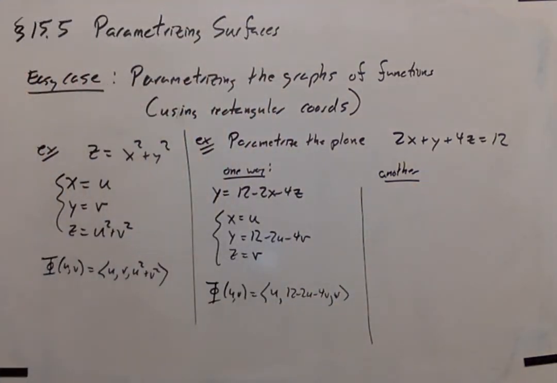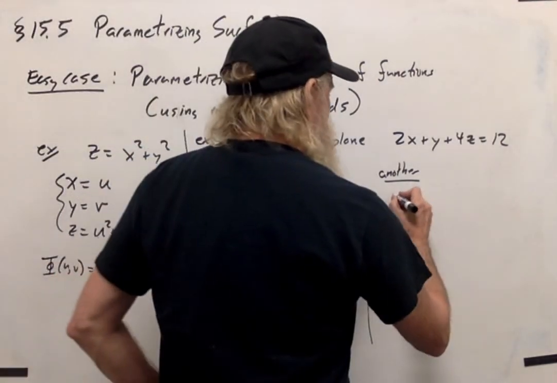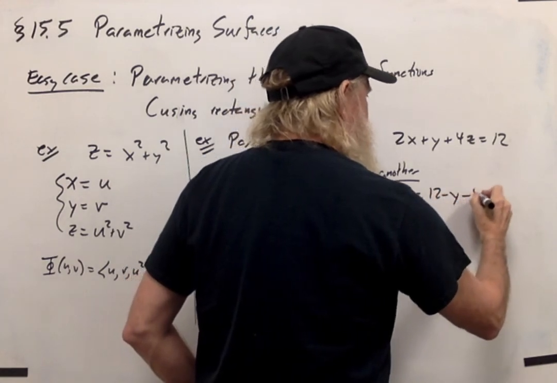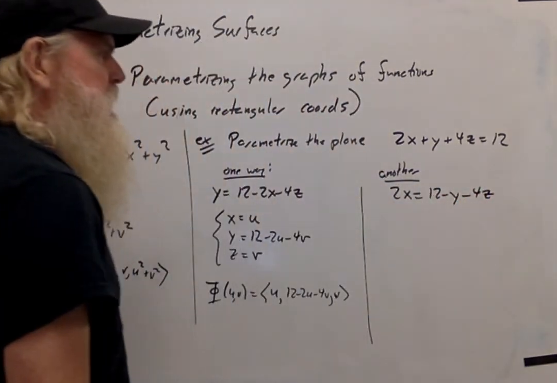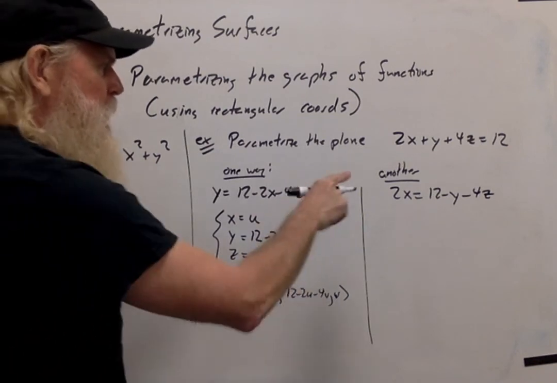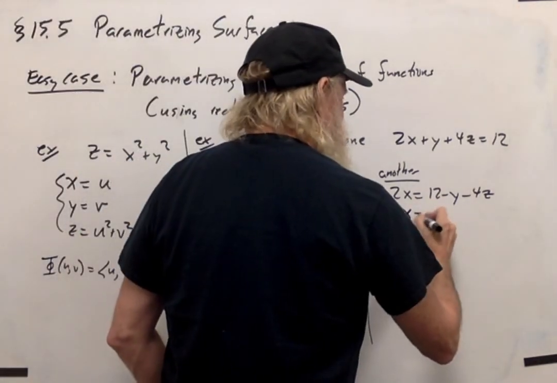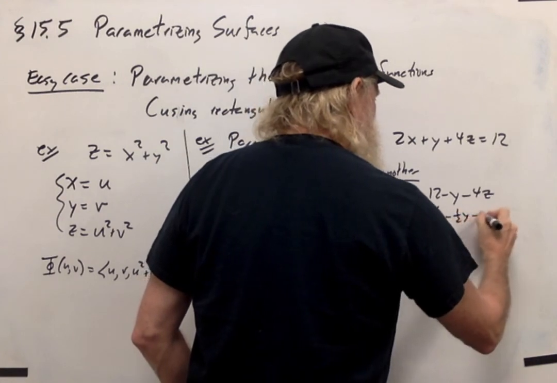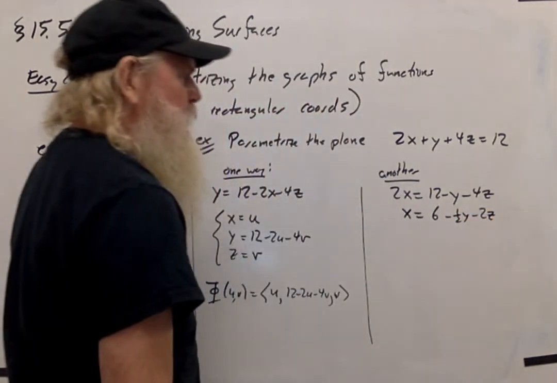But I also could have parameterized this by solving for a different variable. For example, I could have solved for, say, x in terms of y and z. So 2x is 12 minus y minus 4z. So dividing by 2, x equals 6 minus 1/2 y minus 2z.